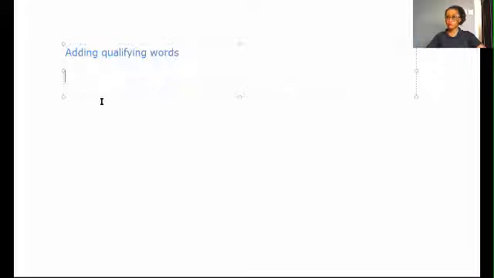You can add a word to the keyword that you have to clarify the meaning of the keyword, to add some meaning to the keyword so that whoever is reading your essay would have a better understanding of the word that was used in the description.